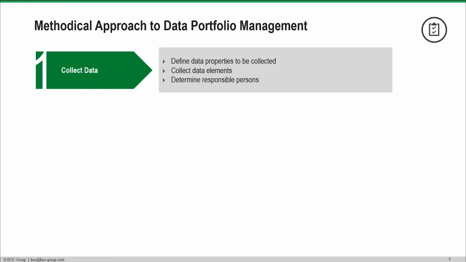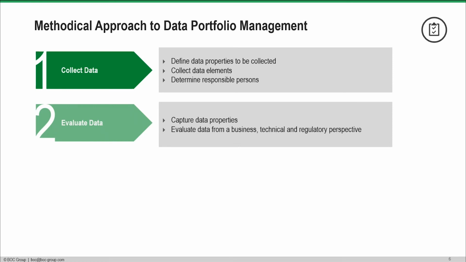To give an example from, let's say, the process world, the input and output data can be determined from the steps of a business process or even from the documents used within a business process. Finally, what we do next is that for each identified data element, we understand that it's necessary to designate a person in the organization who will be responsible for collecting and maintaining the properties of these data elements.